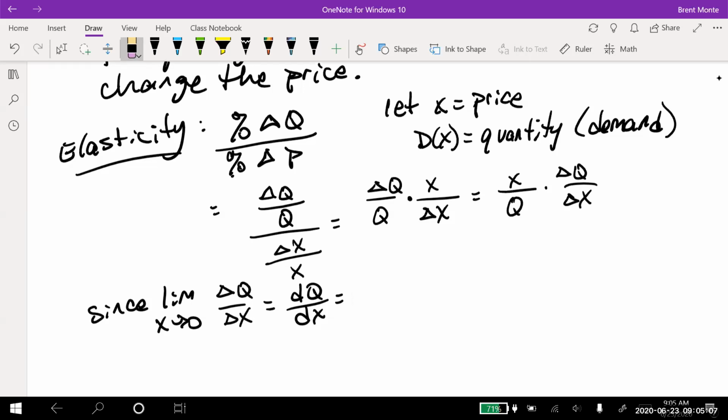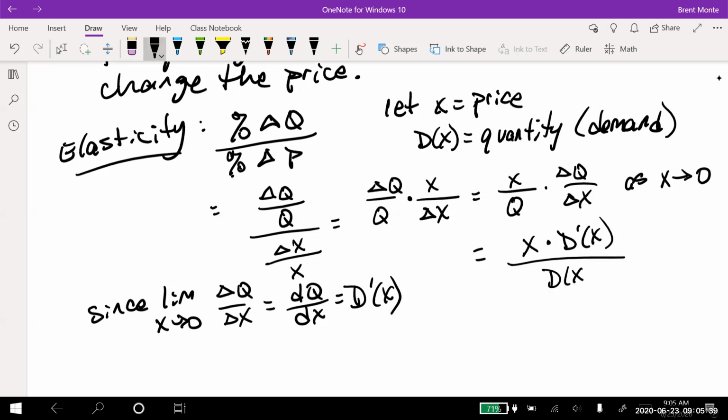Remember, the quantity was D of X. So since that's the rate of change or the derivative of quantity, we're going to write it as D prime of X. And so we can say, okay, as delta X goes to 0 this becomes, well, X was the price, times the dQ/dX becomes D prime of X, all over D of X. Because remember, the quantity demanded, Q, is really D of X. That's essentially our formula for elasticity.